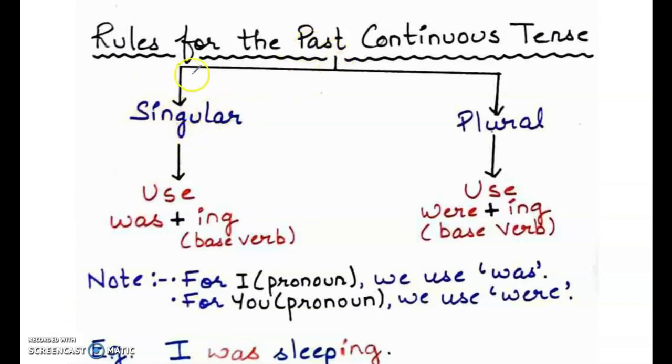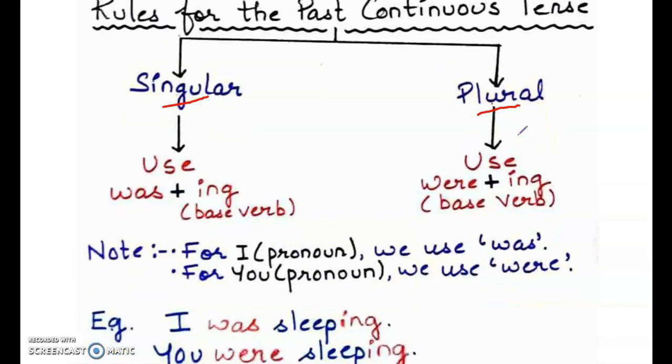So, here we can see we have singular and plural. Let us see the usage of it. With singular, we use was plus ing of the base verb. With plural, we use were plus ing form of the base verb.